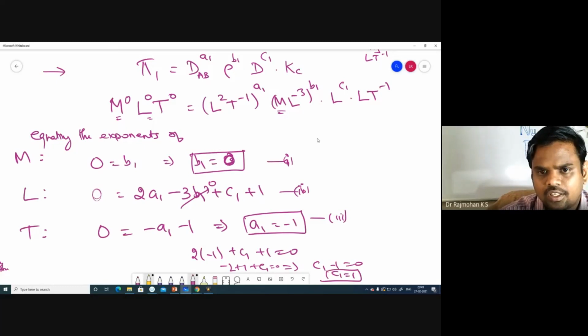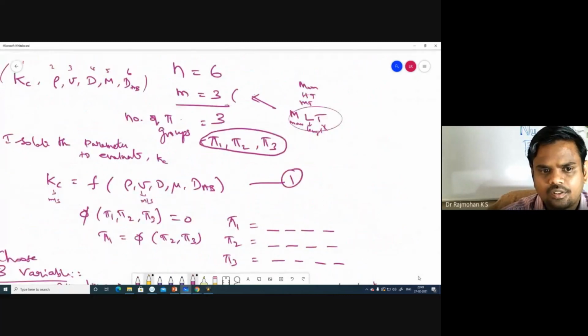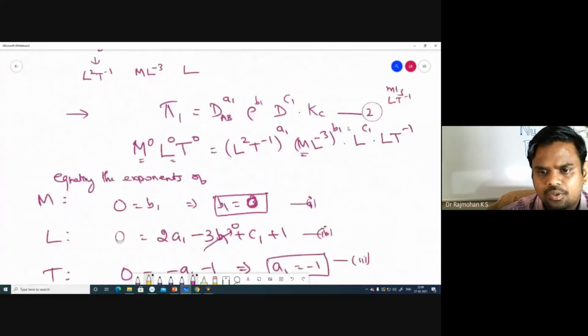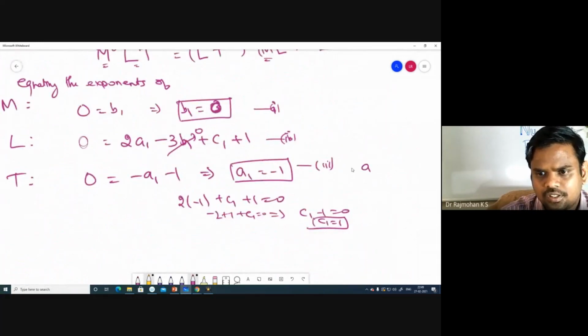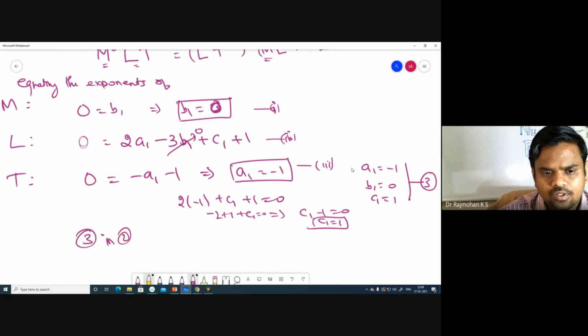We can substitute the power values in the pi group. Substituting a1 equal to minus 1, b1 equal to 0, c1 equal to 1, we get pi equal to DAB power minus 1, density power 0, and diameter power 1 into Kc.